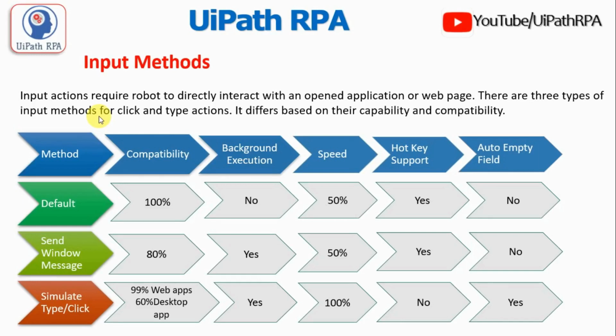Now the speed. The default method speed is 50%, meaning half speed. And hotkey support means if you send any shortcut key from the keyboard, it supports it. The default method supports all hotkeys, but it doesn't support auto empty field.